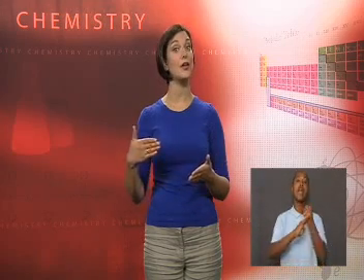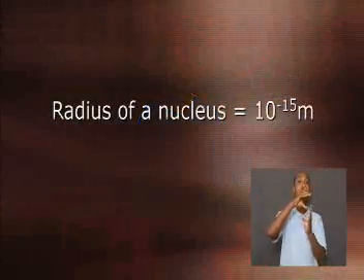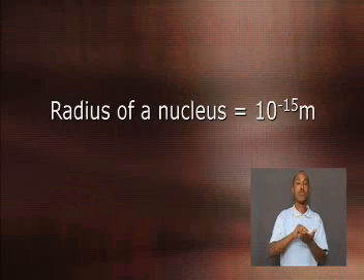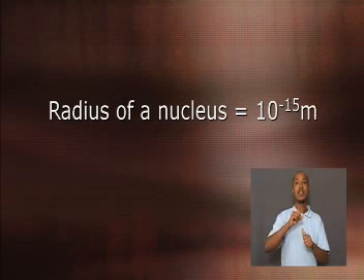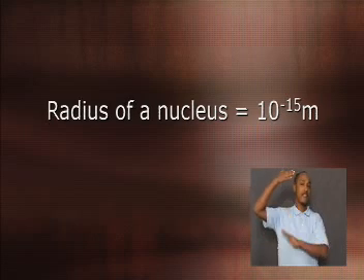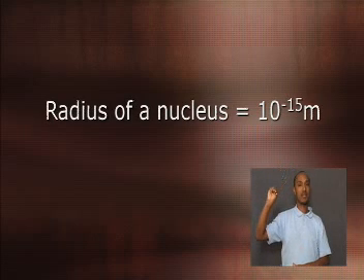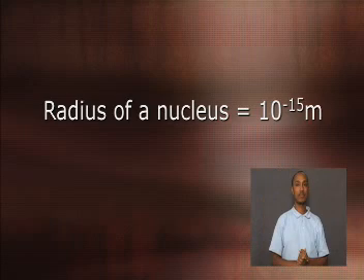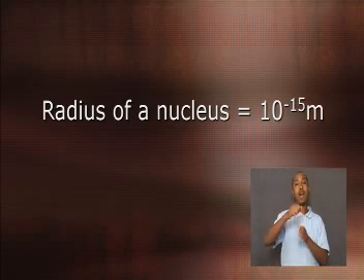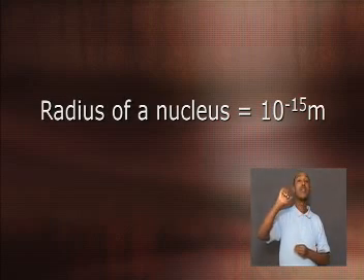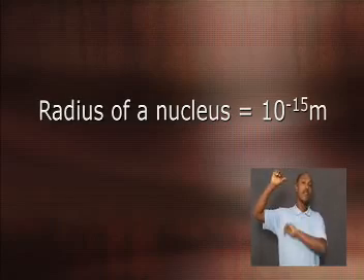Based on the angle of deflection of the alpha particles, Rutherford concluded that the nucleus of an atom is 10 to the power of negative 15 meters. The radius of the whole atom is about 10 to the power of negative 10 meters.